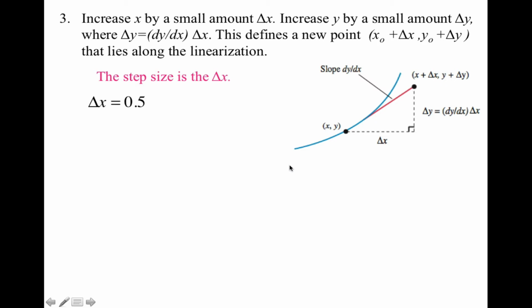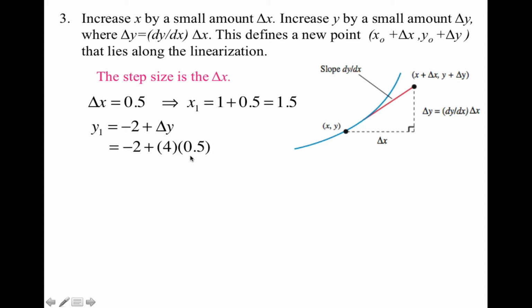So in this example, my change of x is 0.5. Therefore, my x sub 1, or the next point after my initial condition, is going to be my initial x, 1, plus my change of x, so 1.5. Now to get my next y value, I'm going to take my initial y value, -2, and add the change of y.